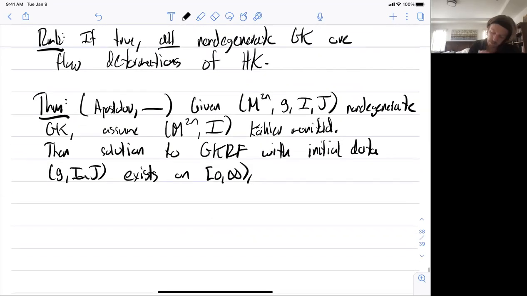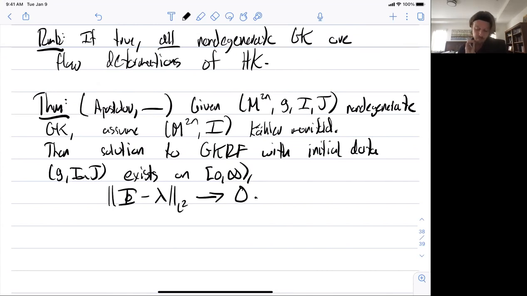And in a kind of weak sense, we can show, for instance, that phi minus lambda, in some L2 sense with respect to a background metric, goes to 0. There are various strengthenings of the weak convergence that we can prove. Here I just state the simplest one, which at least gives the idea.